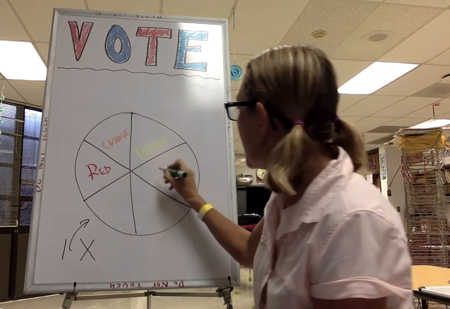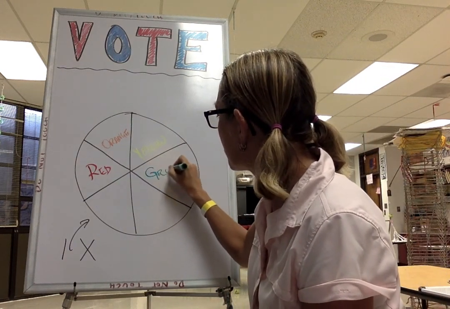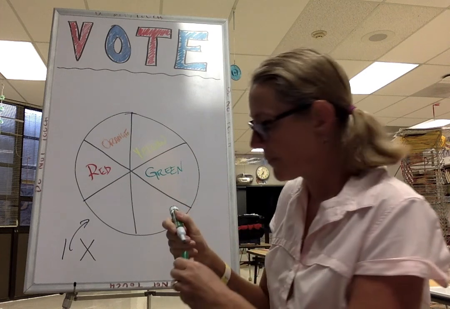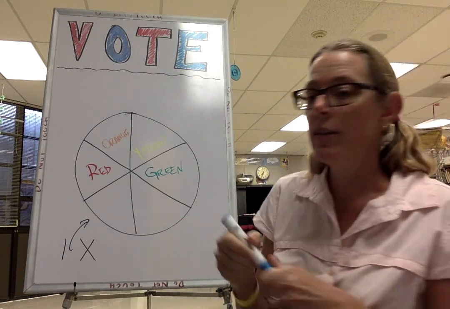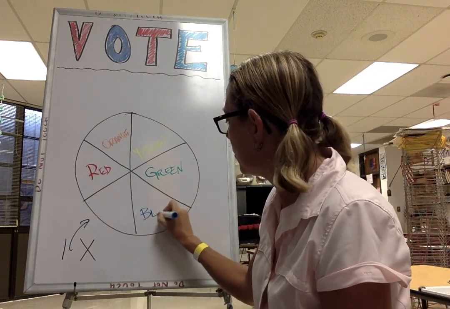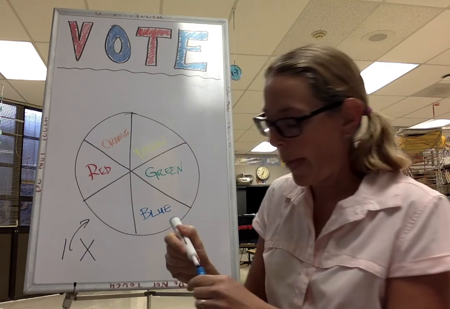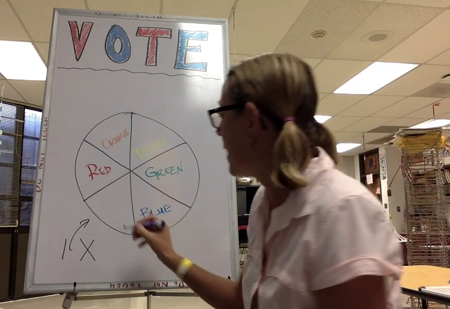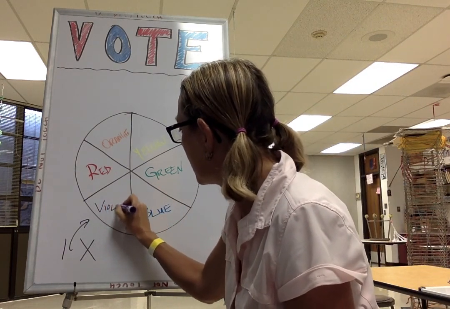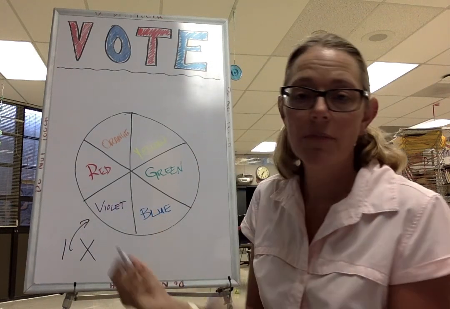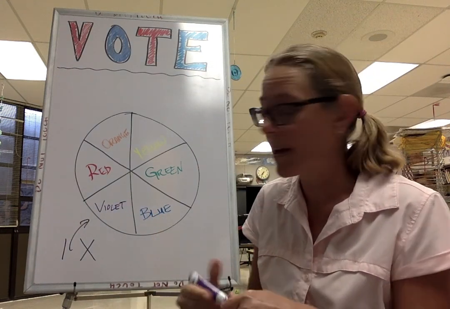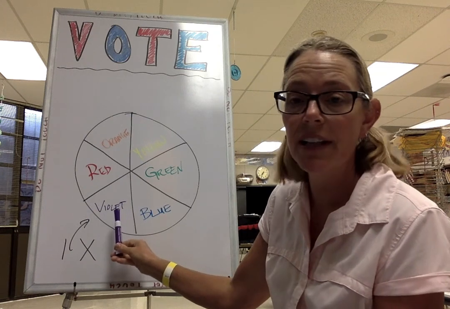Okay, the one next to that is going to be green. So you're doing rainbow order. Okay, and then the one next to that is blue. And the one next to that, we're going to say violet. If you want to call it purple, that's fine too. Does not matter to me. Okay, so there's our violet.